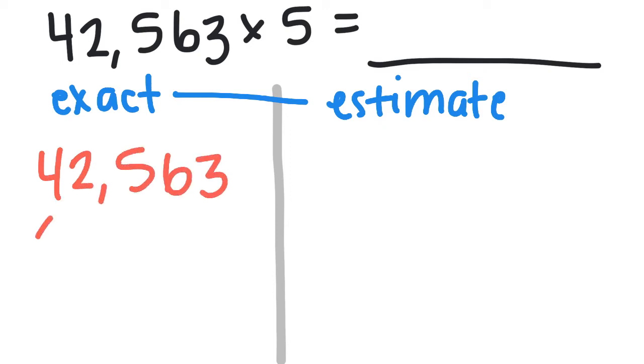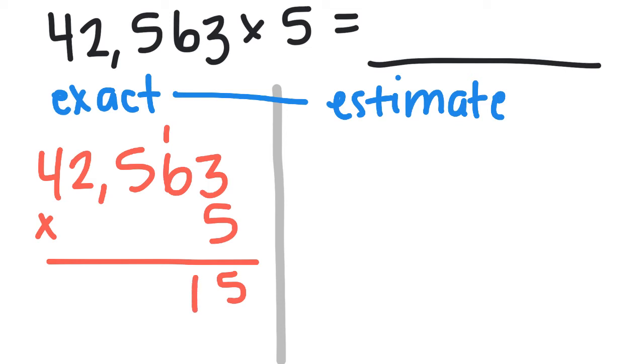42,563 times 5. And I need to go through and multiply. 5 times 3 is 15, and then carry the 1. 6 times 5 is 30, plus the 1 that I carried over is 31. Carry that 3. Then I have 5 times 5 is 25, plus the 3 that I carried is 28.